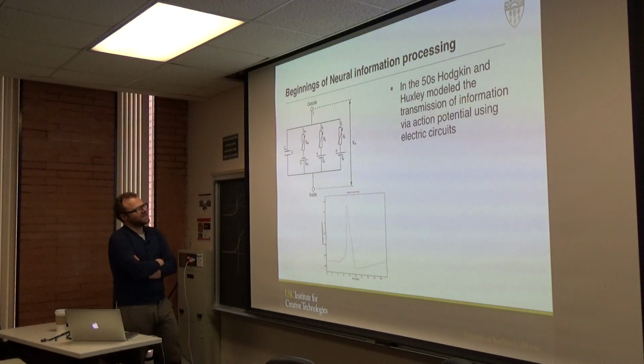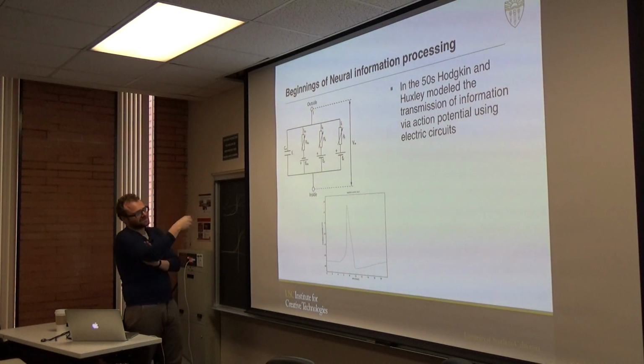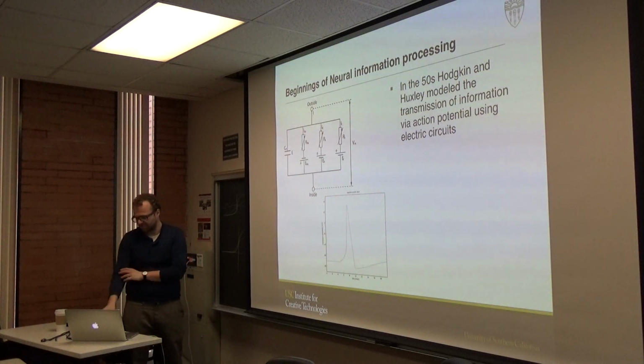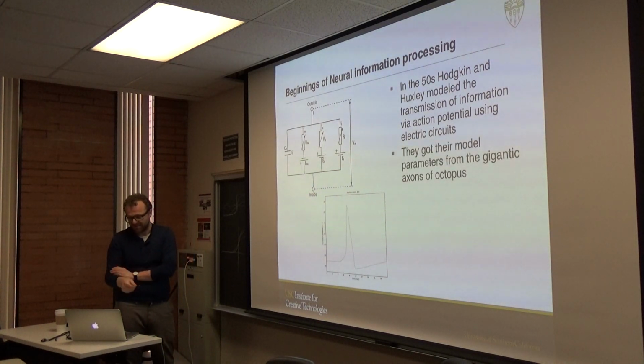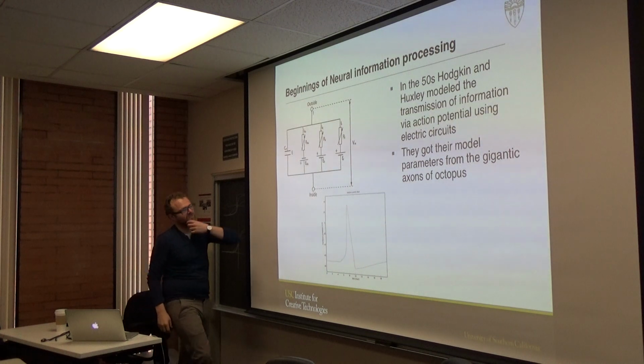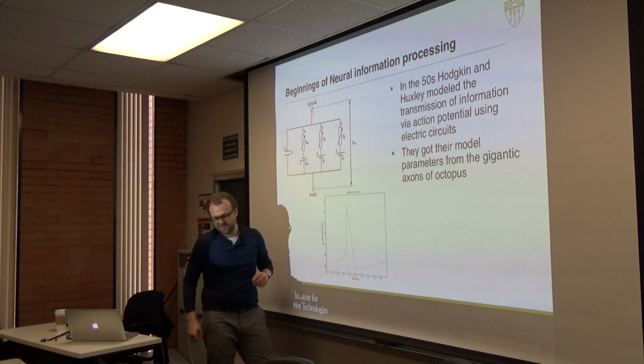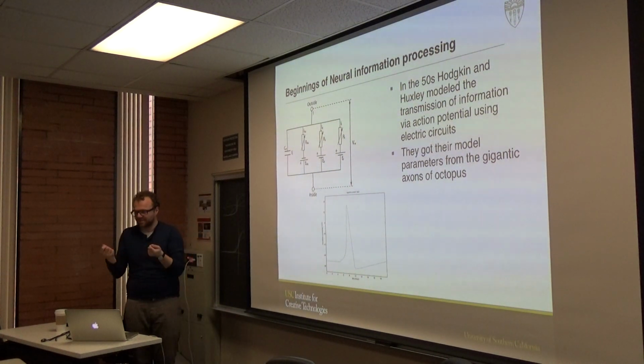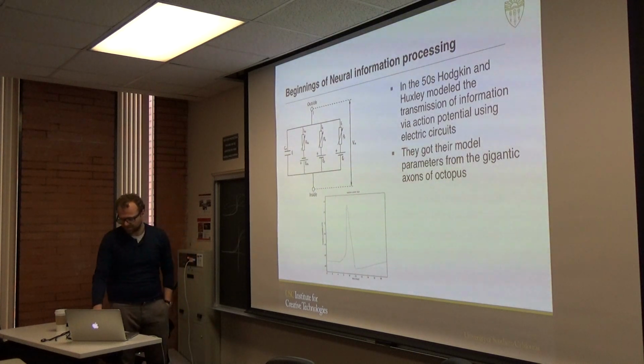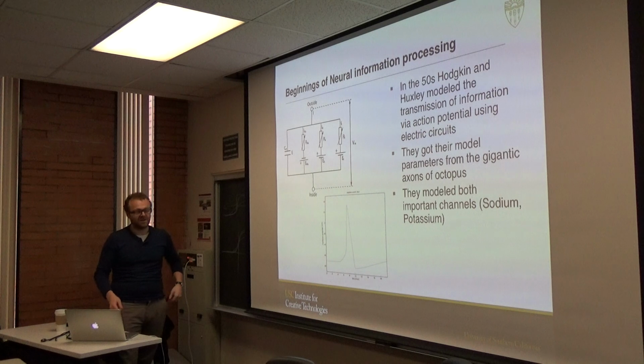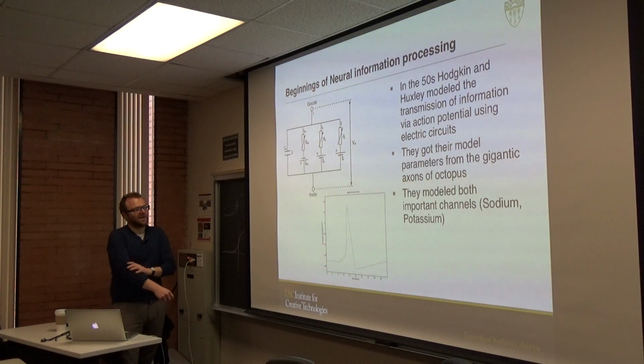You can compute this, and it's very complex. Their model was derived from the giant octopus axon, which apparently you can just see without any visual aids. You don't need a microscope or anything.